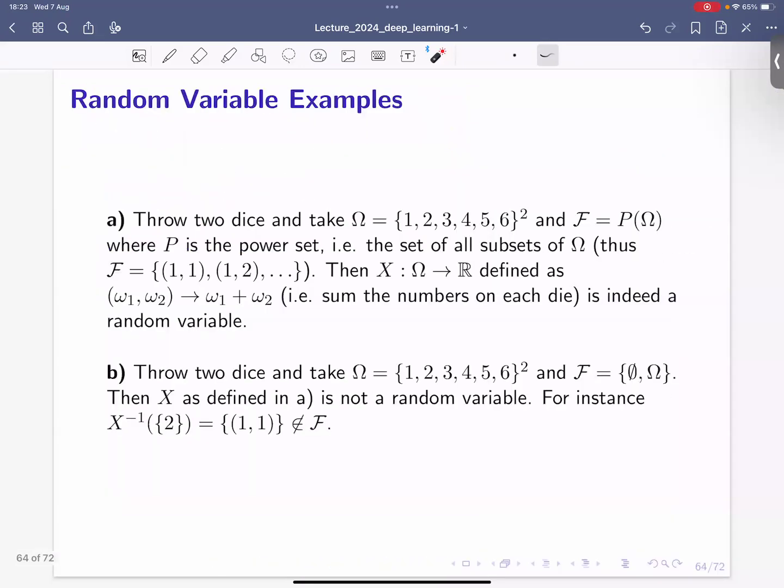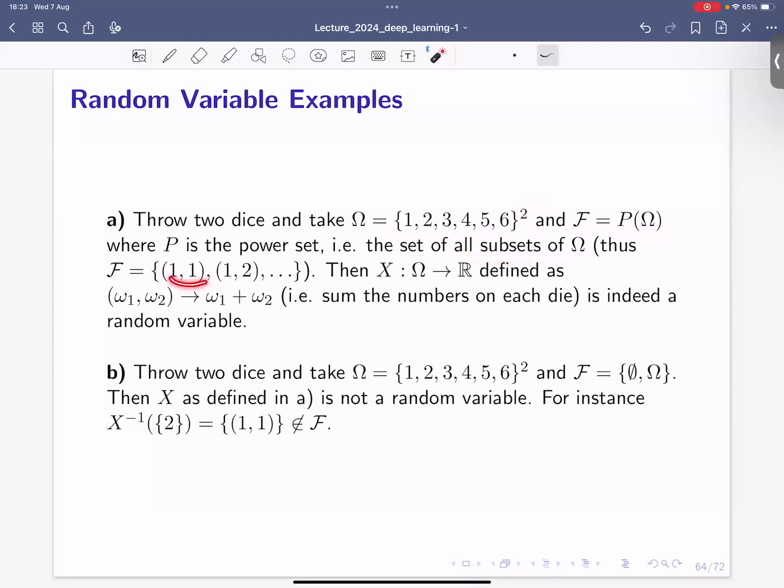And let me give you some examples. We've already seen some, but let's look at some more complex examples. Let's say that you throw two dice, then what is your sigma algebra? You can actually take the sample space to be the set {1, 2, 3, 4, 5, 6} squared, because you have two dice. You could say that the sigma algebra is a power set, but we said that's one way you can take your sigma algebra. So again, it's the set of all subsets.